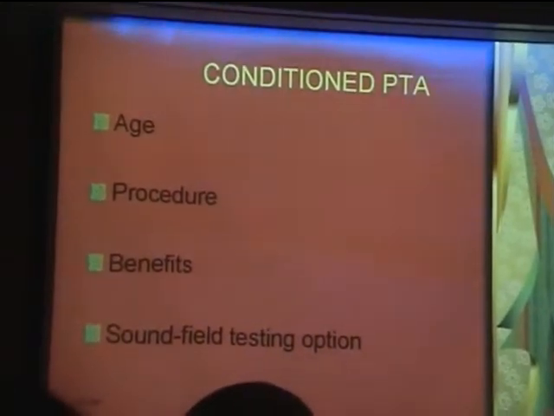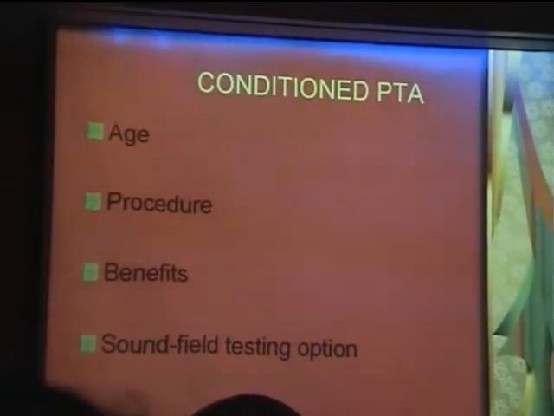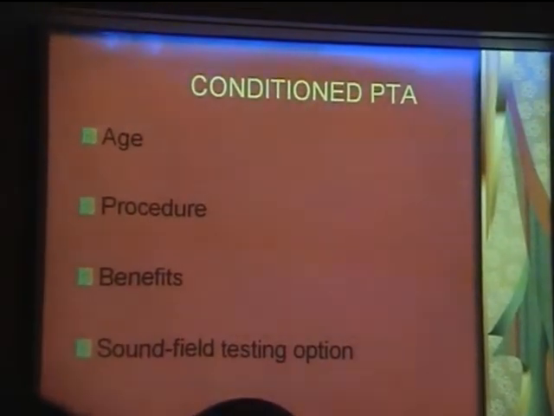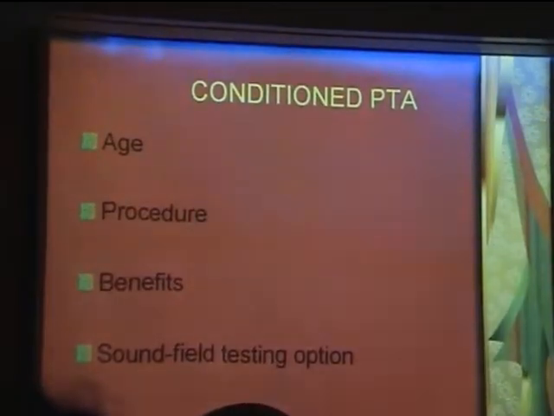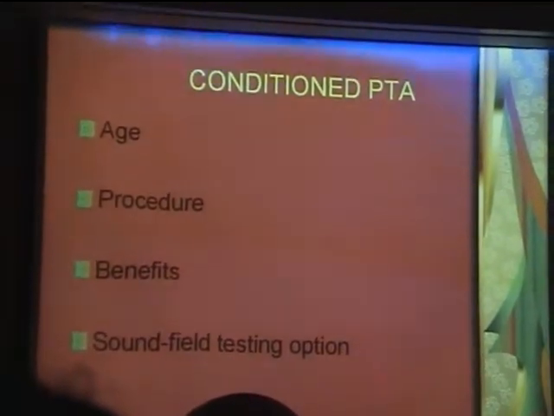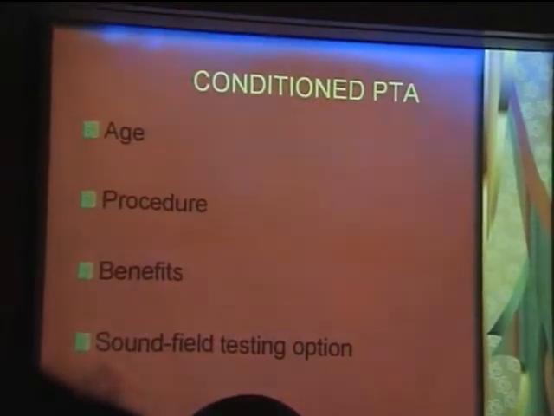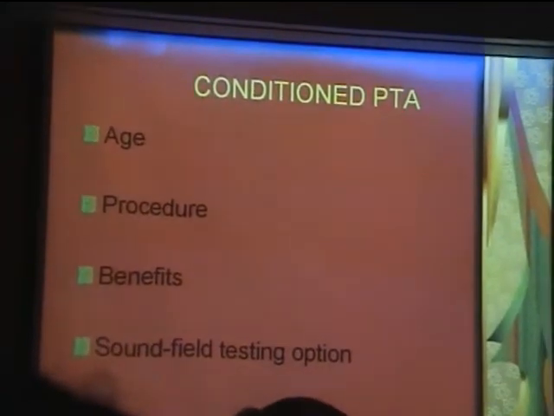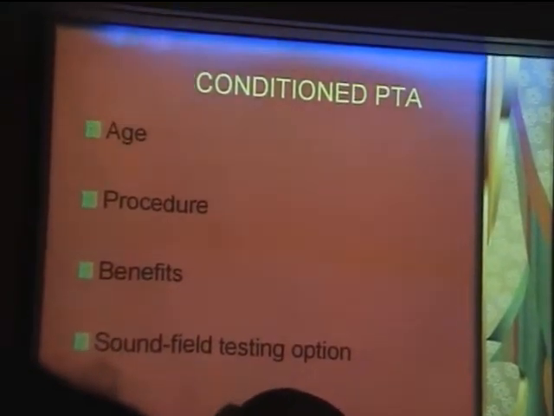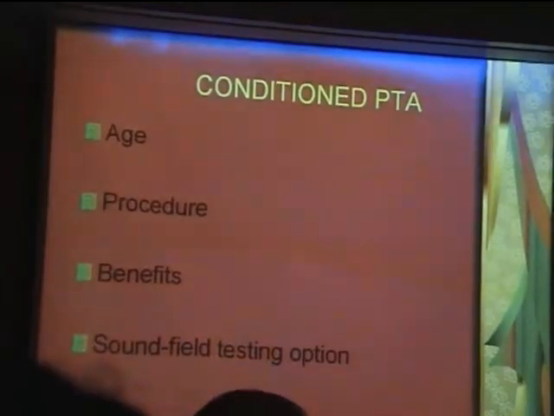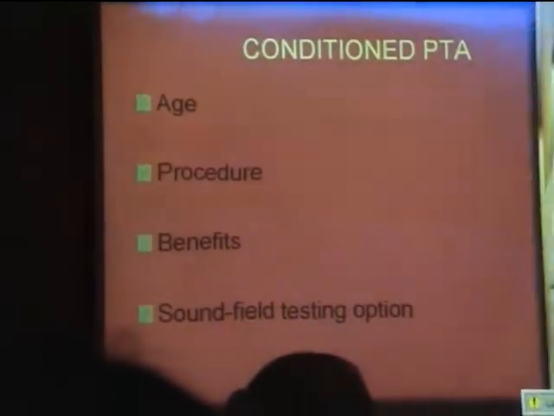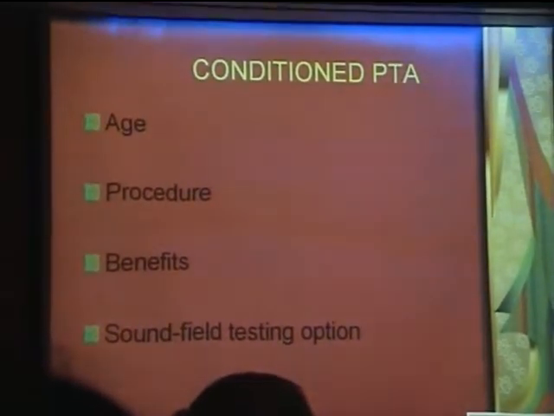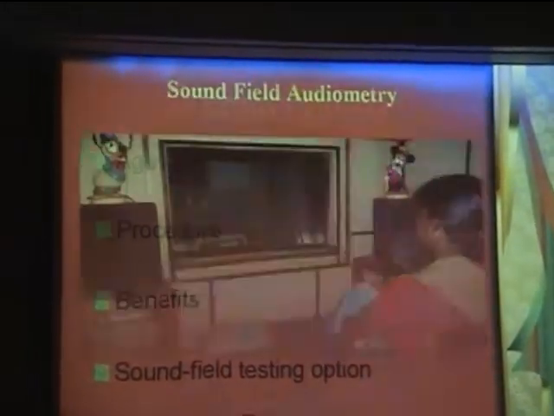Of course, all of you must be aware, but quickly I'll go through the conditioned PTA, which we can start at around 2.5 years of age, mental age that is, in which we help the child to associate the sound with a motor response, such as whenever the child hears a sound, he has to put down a peg or something like that, and then we can get information about the thresholds.